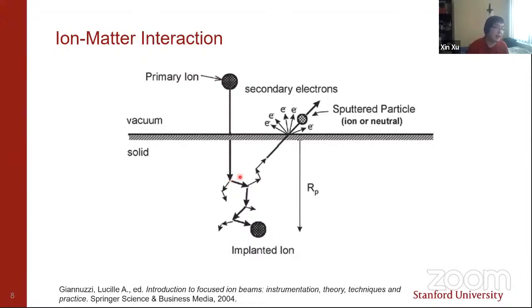And the atoms knocked off the original lattice will also go to other lattice sites and generate more vacancies. So even with only one gallium ion, it will cause a series of effects and a series of vacancies.